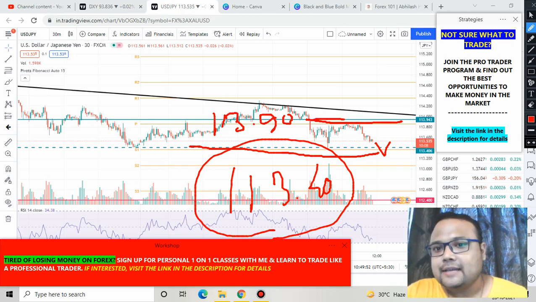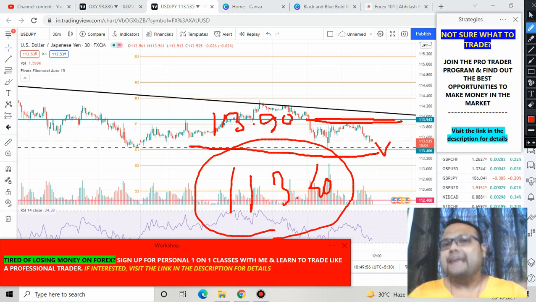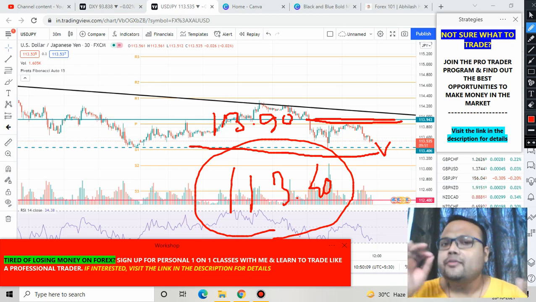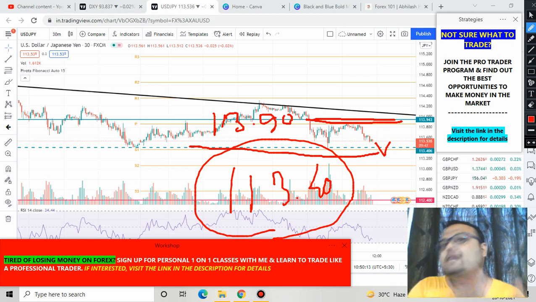You can see that this level has been acting as not a very strong, but still a minor resistance for the market. So if the market goes up and reverses from the 113.90 level, we can take a sell position. But on the other hand, if you find the market breaking the resistance, yes, because just now I mentioned that this is just a minor resistance, there is a possibility of the market breaking the resistance and going up again.